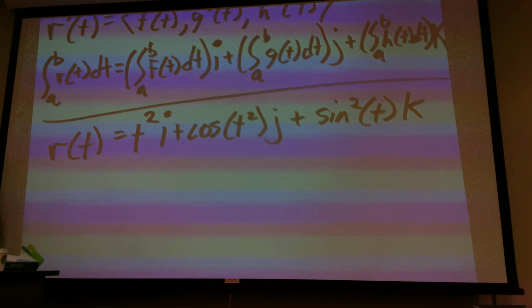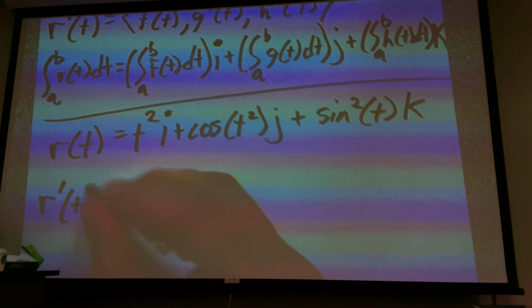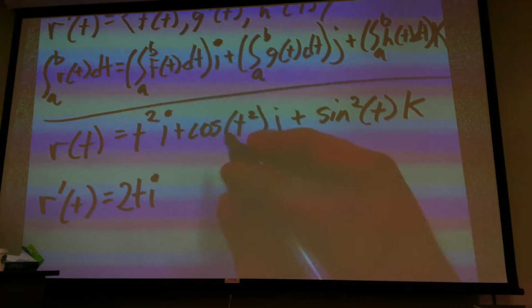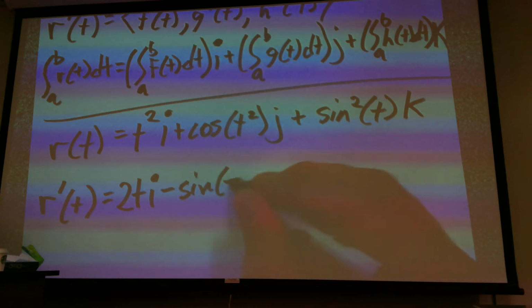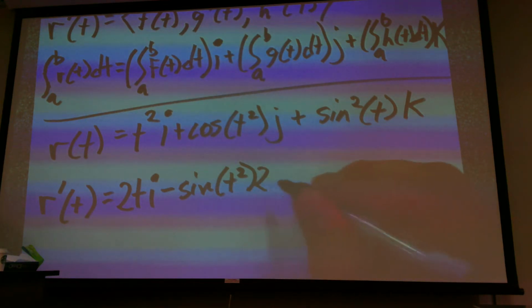Let's think about what R prime of t would be. The derivative of t squared is 2t. The derivative of cosine is negative sine of t squared, but we have to obey the chain rule, and so that becomes negative sine of t squared times 2t, times j.